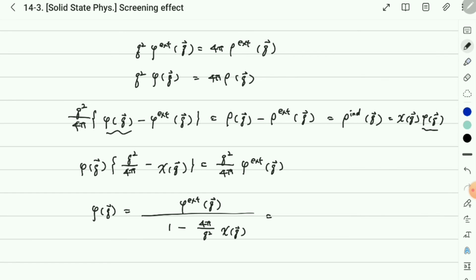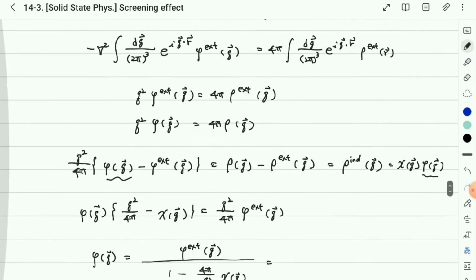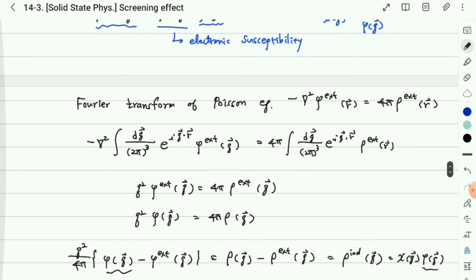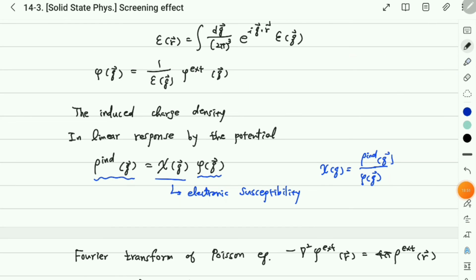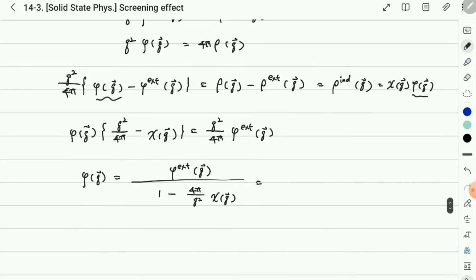Then from this, phi is the external potential divided by epsilon, so it is 1 over epsilon q times the external potential.